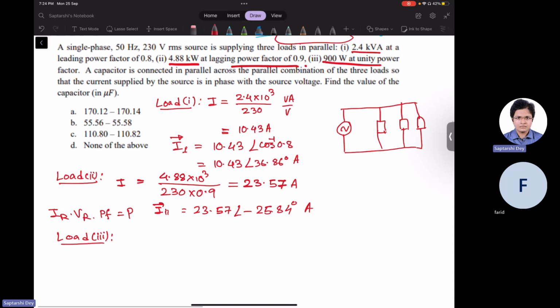Okay, so what is the current of the third load? Quickly, what will be the current of the third load?